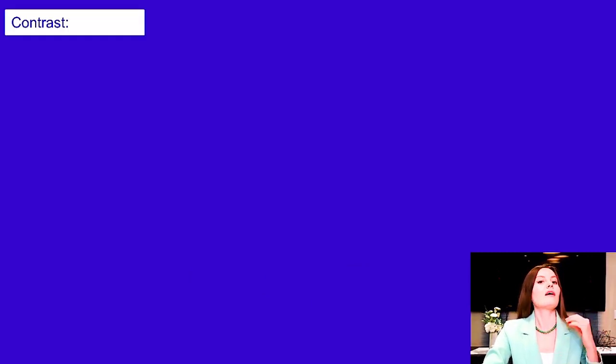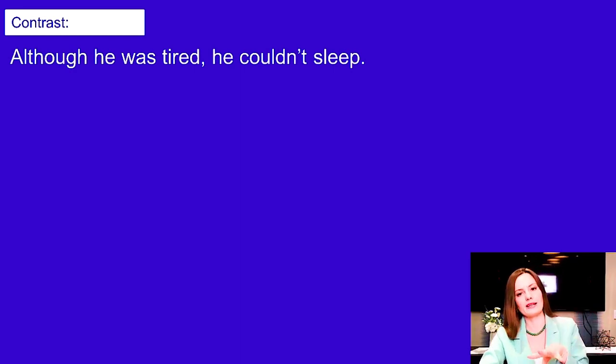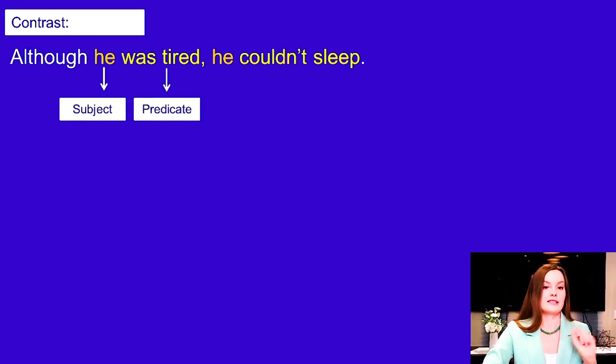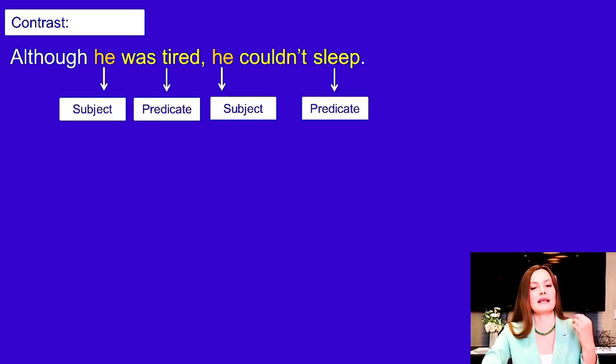The next one is contrast. Although he was tired, he couldn't sleep. Just pause for a second and try to find the subjects and the predicates in this sentence. Yes, he is the subject, was tired is the predicate. He is the subject, couldn't sleep is the predicate.